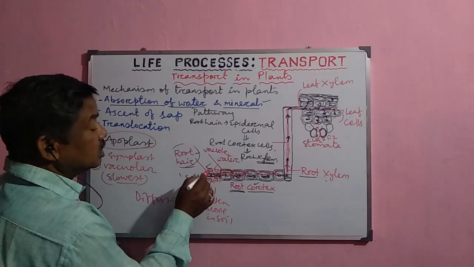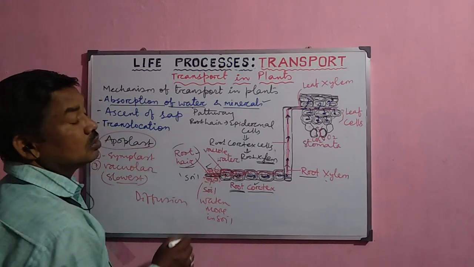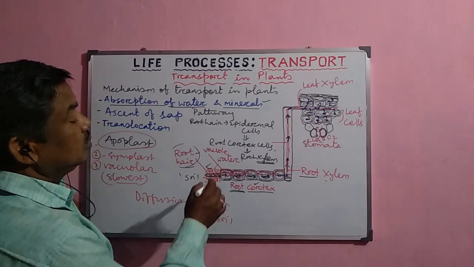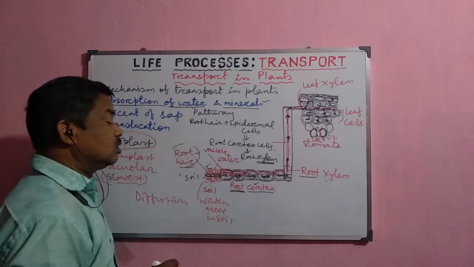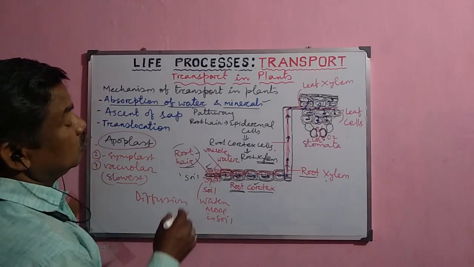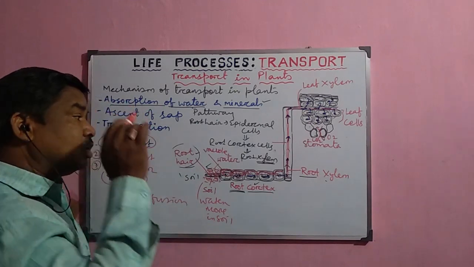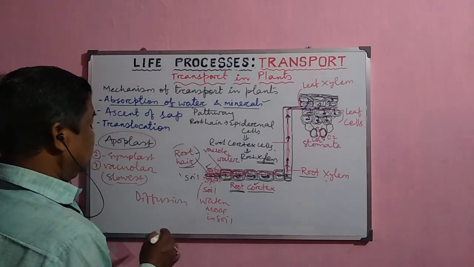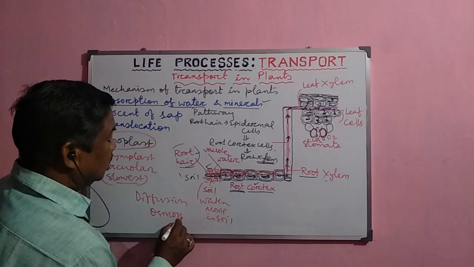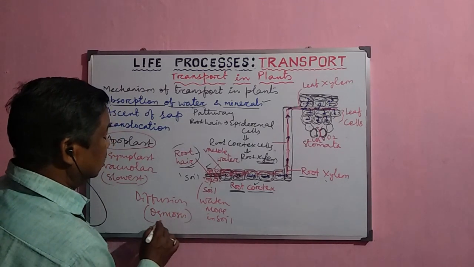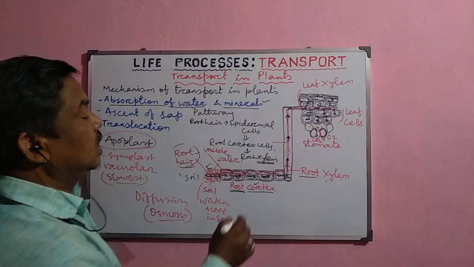So it diffuses directly into the root hair and the epidermal cell, then to the cortex. This process is called diffusion. And when diffusion occurs through a semi-permeable membrane, a special term, it is called osmosis. By this process, they normally move to the xylem.